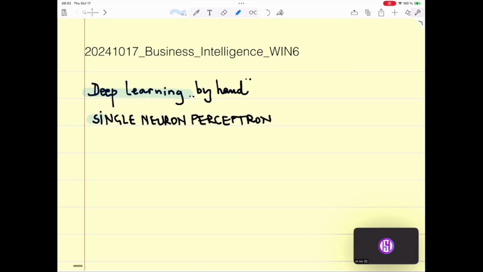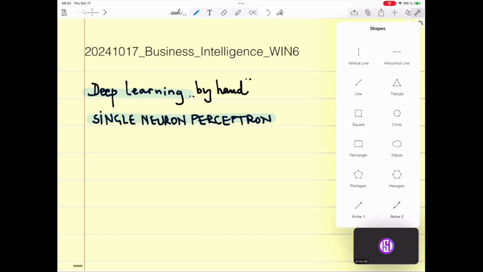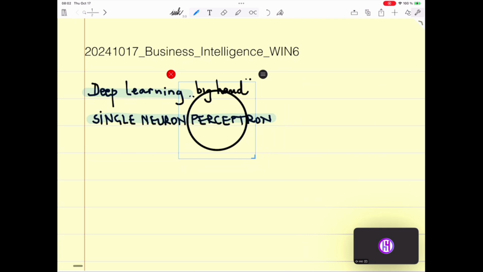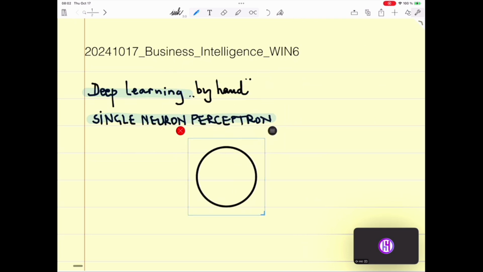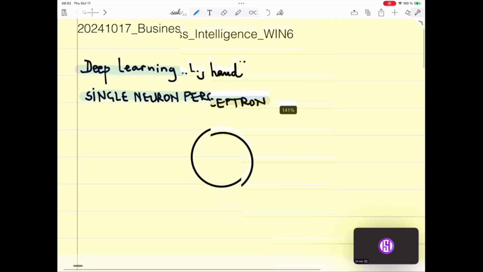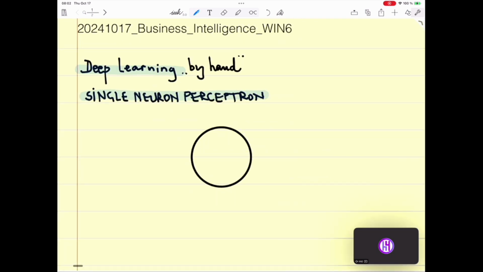Perceptron. Okay, so basically we have our computational unit, which is one big ball that is going to perform the following task.